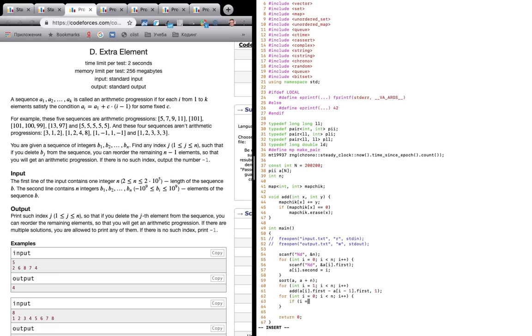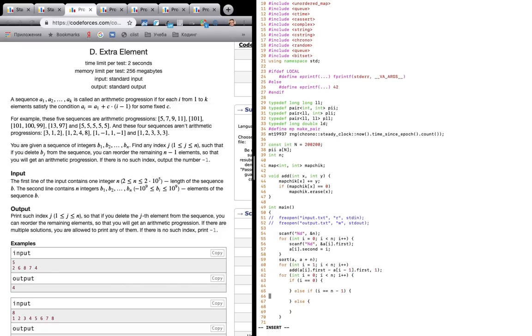There are some corner cases here on the border. So in this case, we just remove one difference. Also in this case.